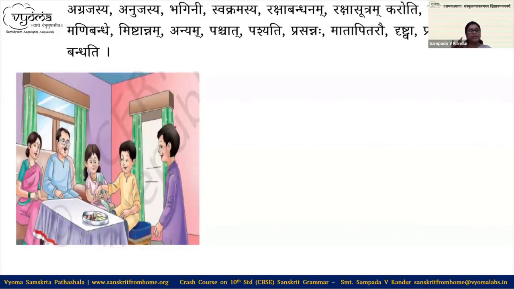But in the picture, we have 3 children in one house. Beautiful, right? Then there is one sister and 2 brothers, right? And sweet is kept on the table. There is a plate, the table is arranged. And see the parents, so much love, they're looking at their kids. They're so happy, right? So that is what the picture tells you.